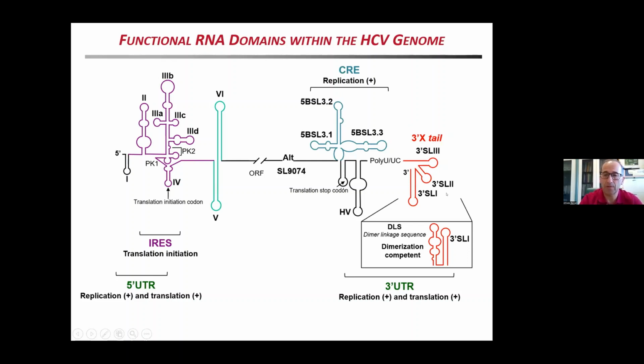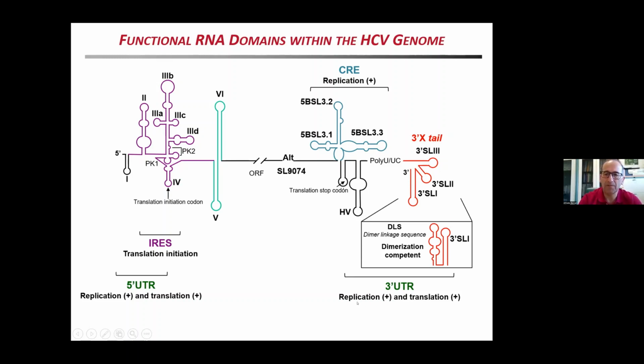Similarly, at the 3' end of the genome, we can find a structural functional domain which can be folded into two alternative conformations, a 3 stem loop conformation or a 2 stem loops conformation, in such a way that this conformation is competent for genomic dimerization. It exposes at the apical portion of this structural unit a universally conserved palindromic sequence, called the dimer linkage sequence, which is responsible for the initiation of the dimerization.